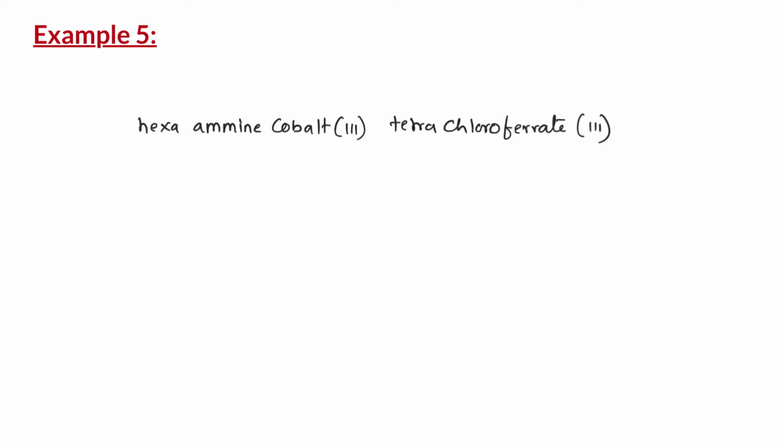To convert the name of the coordination compound into molecular formula, the name is given as hexaamminecobalt(III) tetrachloroferrate(III). First, let us translate this name. Hexaammine means 6 ammonias, followed by cobalt in its +3 oxidation number.